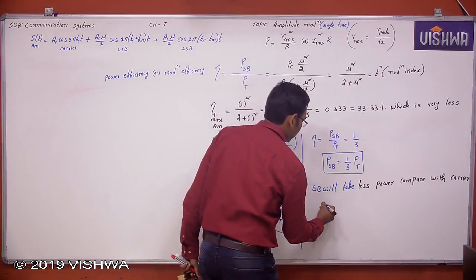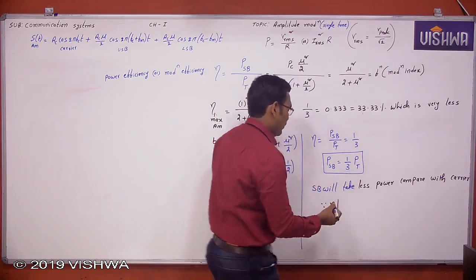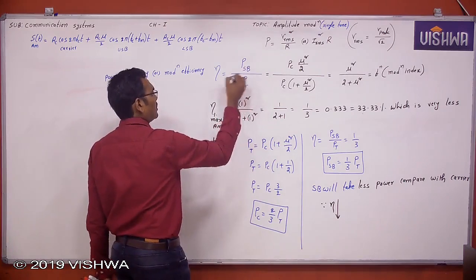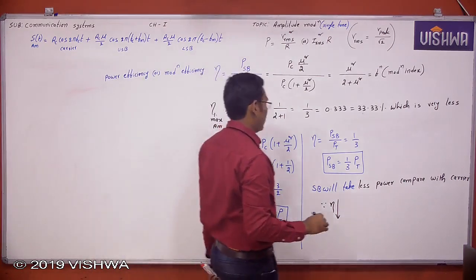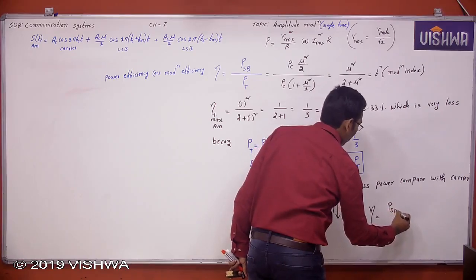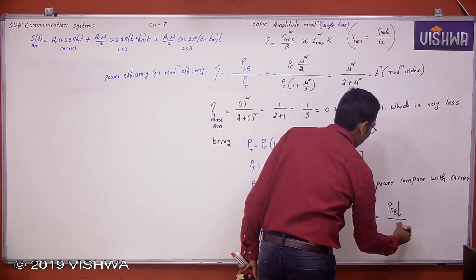Therefore, power efficiency decreases. The power efficiency decreases because when the sideband power decreases, automatically the power efficiency also decreases.